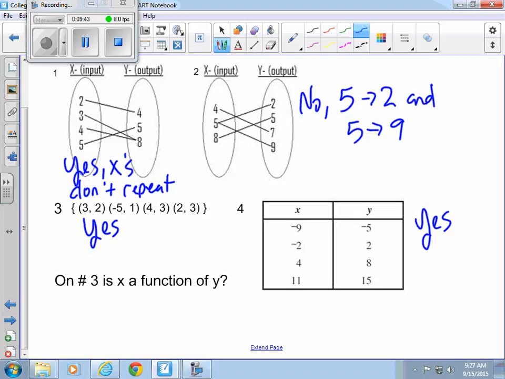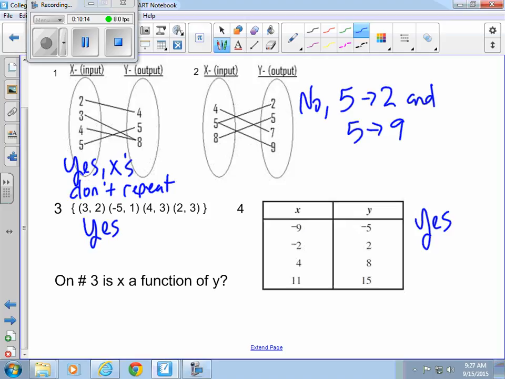Now, I just want to show you this. This is the only textbook I have ever seen this question in. It's not something I would expect you to see long term on the ACT or anything. They don't typically try to trick you with that. But this textbook asked, is x a function of y? If they ask that question, they'd switch the input and output. So I'm asking on number 3, is x a function of y?